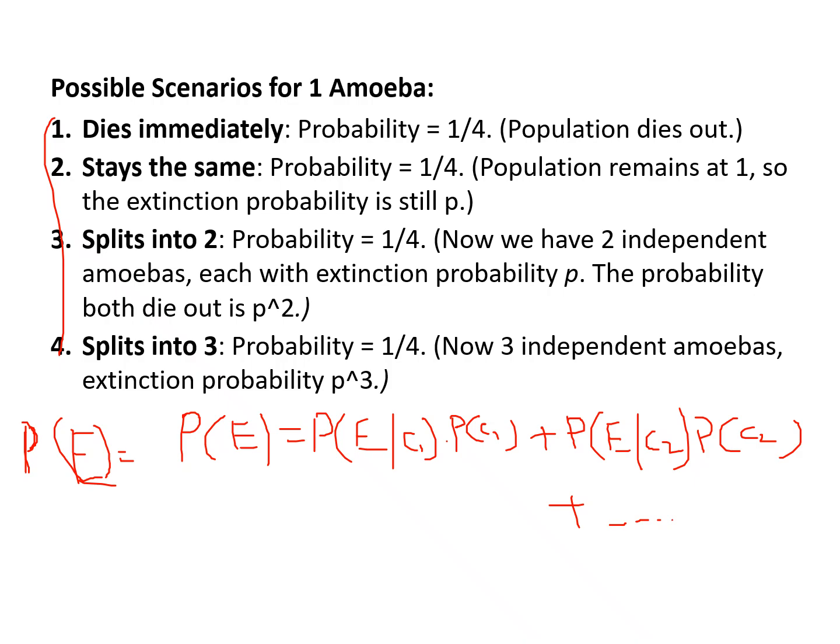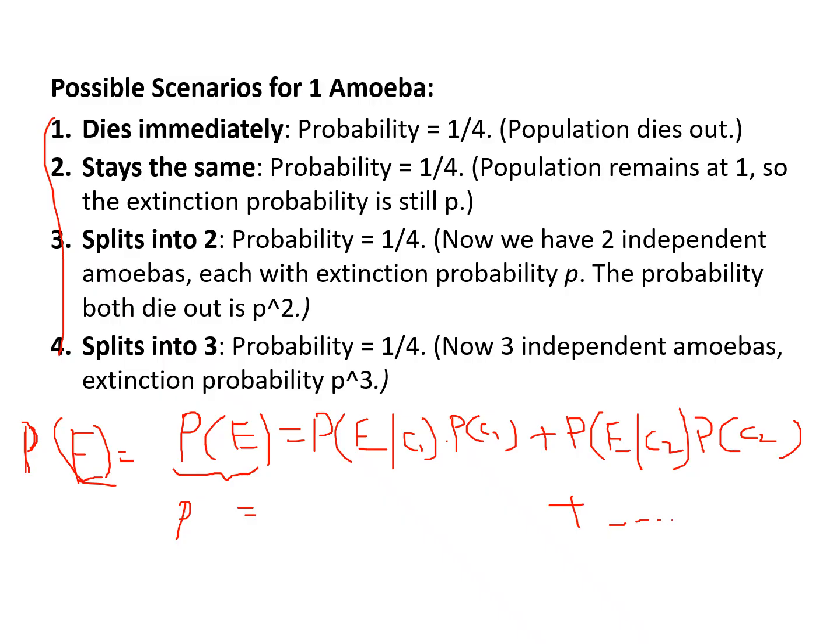So now let's say this probability which we have to find, we'll call it P, small p. And C1, C2, C3, C4 are these conditions. So what does this become?